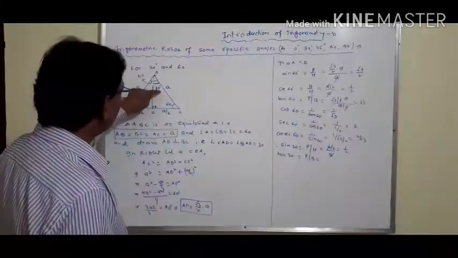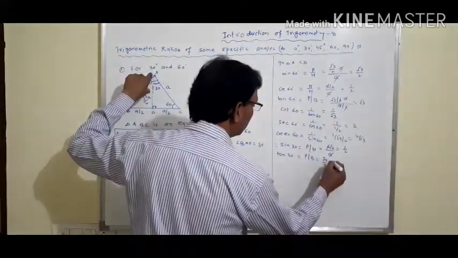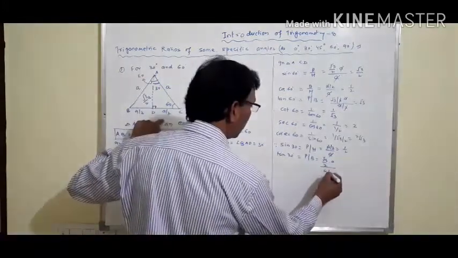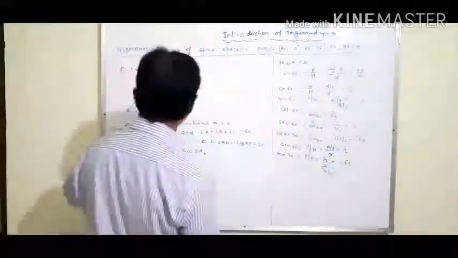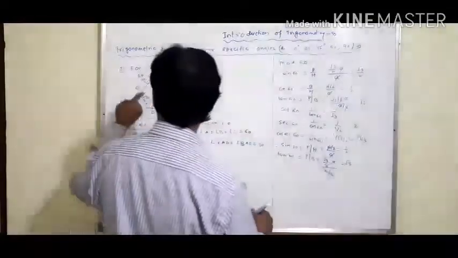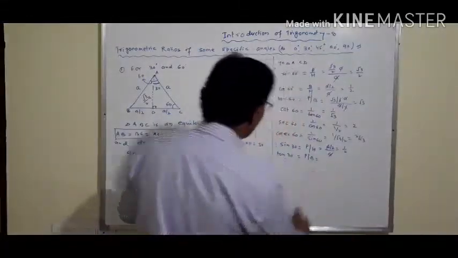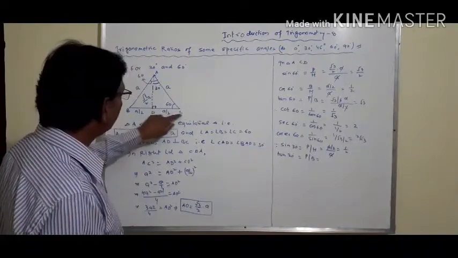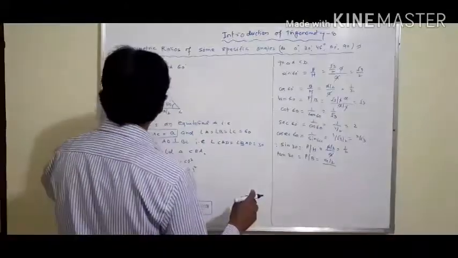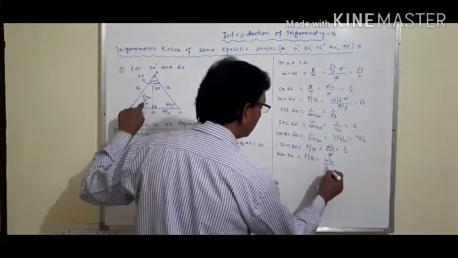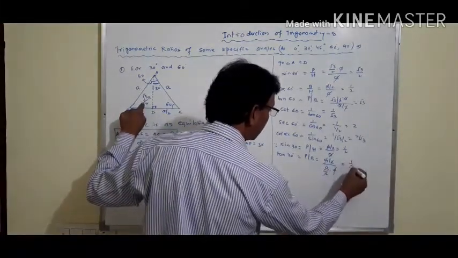For the 30 degree, perpendicular will be CD, that means A by 2, upon base, which will be AD, that means root 3 by 2 into A. A cancels and the 2s cancel. This will be 1 by root 3.